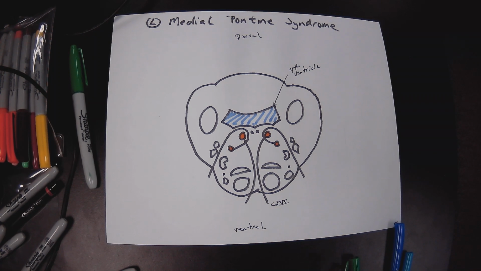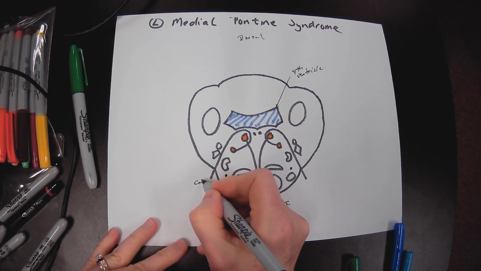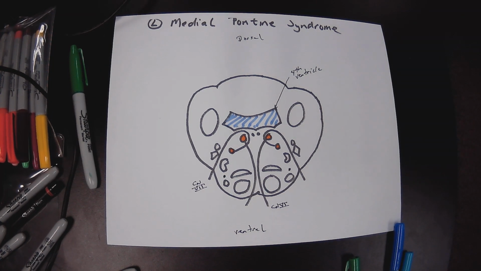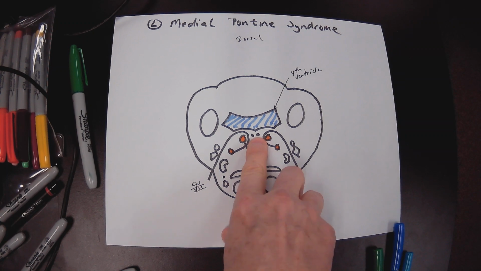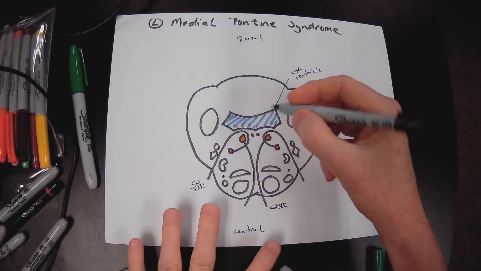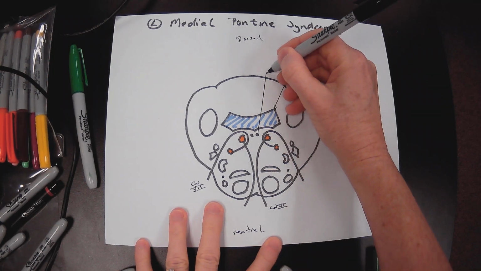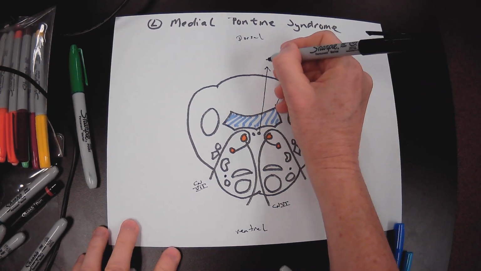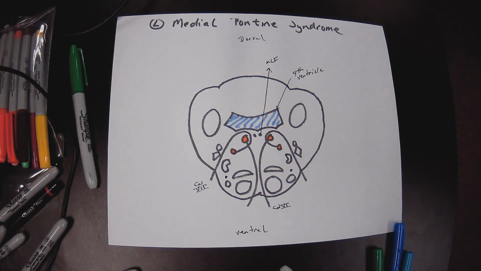It's going to be your facial. Thinking about still being really, really medial, these little tracts here are involved in producing a conjugate gaze. So they link all the extraocular eye muscles together with the vestibular nucleus. Does anybody remember what this is? That's your MLF. Good.